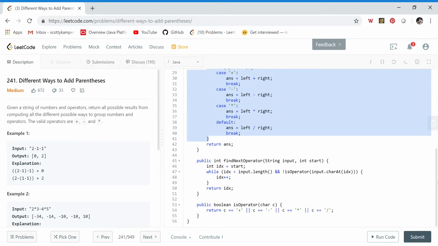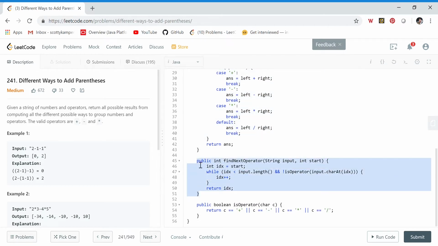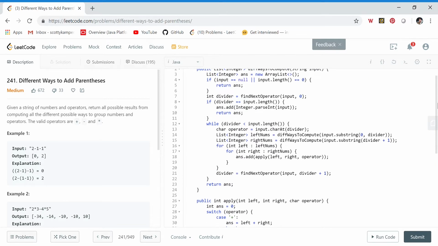Down here, findNextOperator takes the input string and an index to start in the string, and it just finds the index of the next operator, plus, minus, times, or divide. And that uses isOperator, which just checks to see if a character is the plus symbol, minus, times, or divide. So those are the helpers used throughout this.